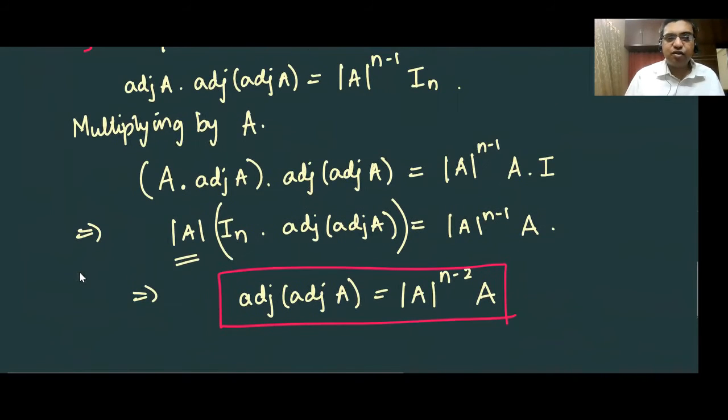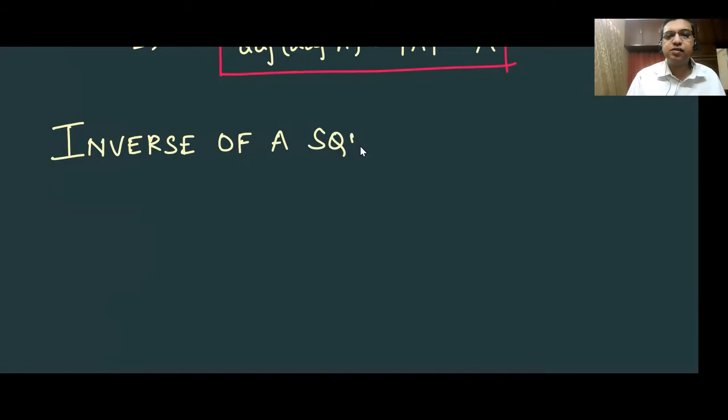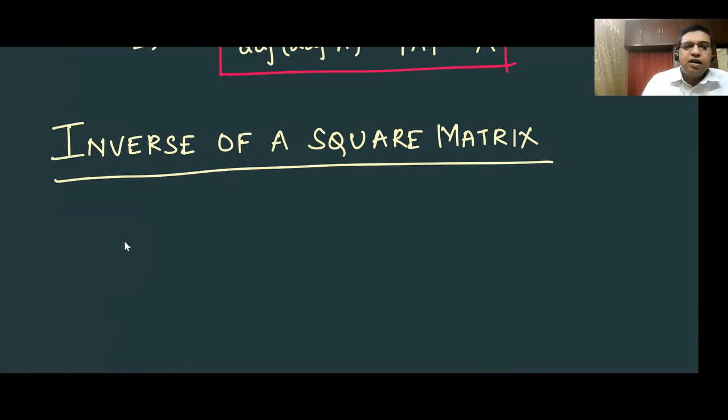Now we come to the inverse of a matrix. Inverse of a square matrix: how is inverse defined? How do we get the inverse?